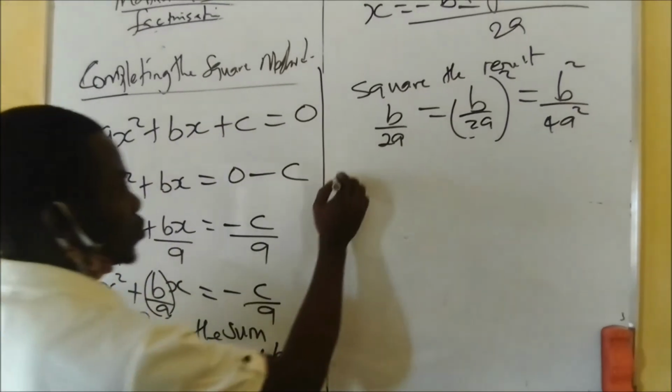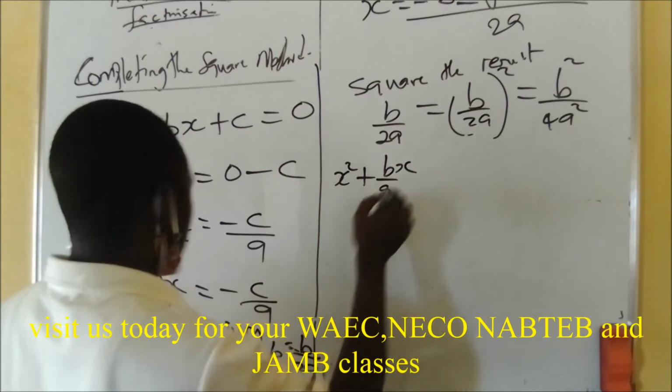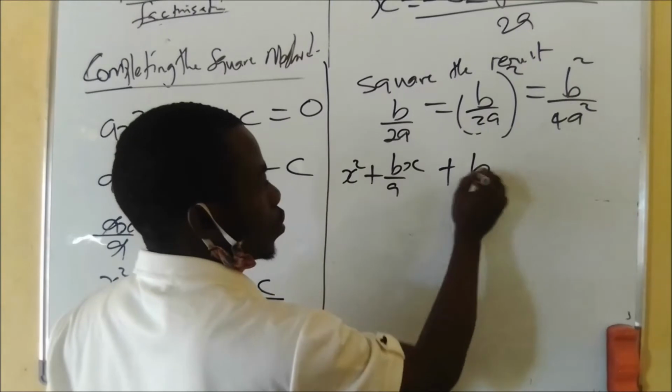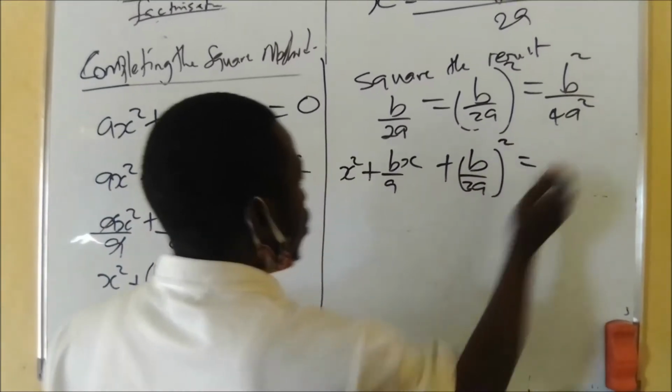So what will it now be? It will be x squared plus bx over a plus b over 2a all squared, which is equal to what?